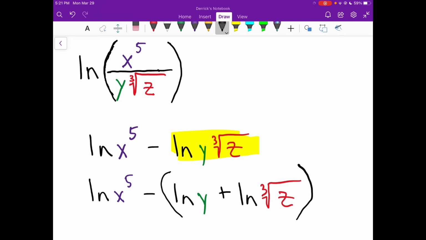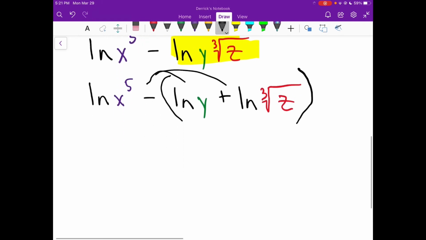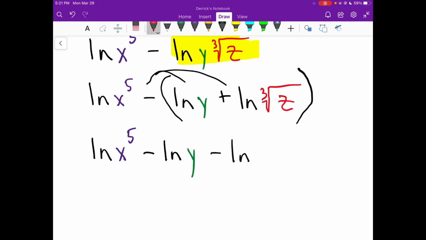So I am going to need to distribute that negative, making both of these negative natural logs. Meaning at this point, we are sitting with the natural log of x to the fifth minus the natural log of y and minus the natural log of the third root of z.